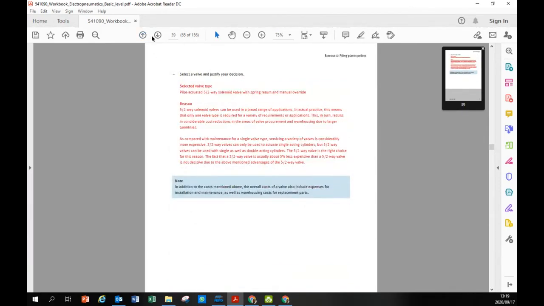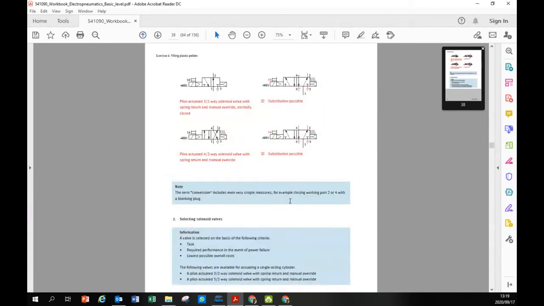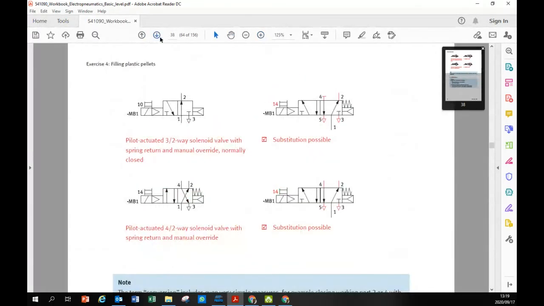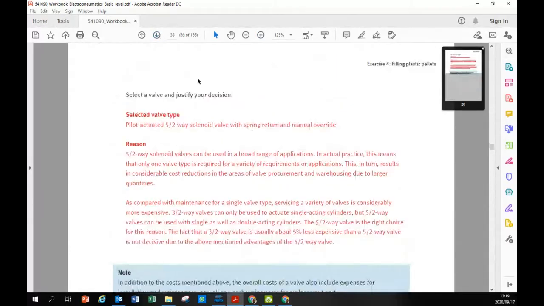So, okay, in this case, they went with a converted 5-2-way valve, and I want to see why they did that. They say they're selecting a 5-2-way valve because it can be used in a broad range of applications. In actual practice, this means that only one valve type is required for a variety of requirements.